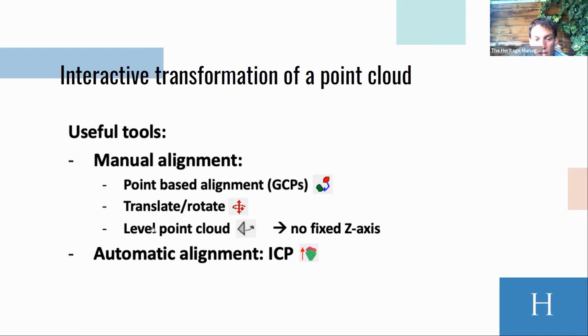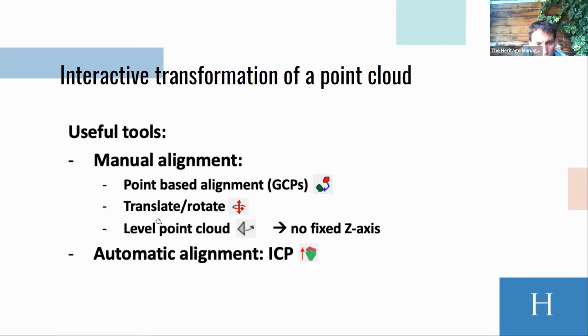Of course, never apply this technique when you are working with a terrestrial laser scanner where the Z-axis is correctly aligned, because if you apply this level point cloud tool, you will actually rotate your point cloud around the horizontal plane. So your entire point cloud will be tilted, and this is definitely not something that you want in the registration of a terrestrial laser scanning data set.